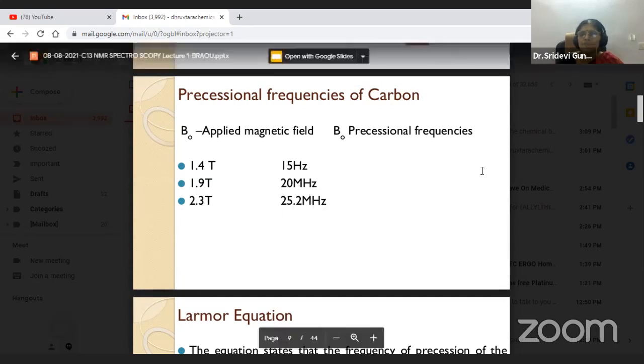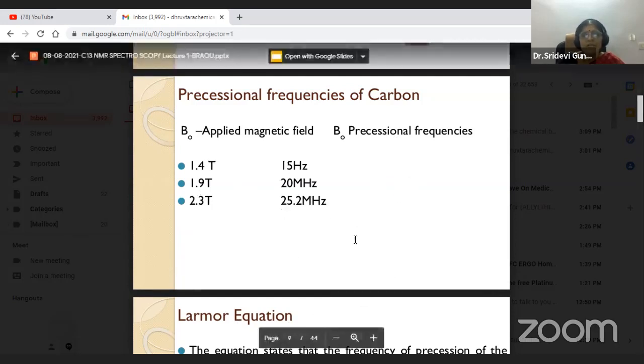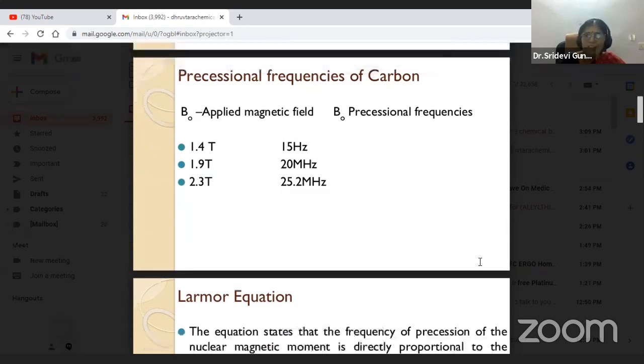That means almost 4 times, because the magnetic moment of the proton is almost 4 times that of carbon. In other words, carbon's magnetic moment is 1/4 of the proton's. Proton has more magnetic moment than carbon. That is the reason why precessional frequencies also change. Here I can ask you a question. For example, we are taking the same instrument, same radio frequencies, same magnetic field.